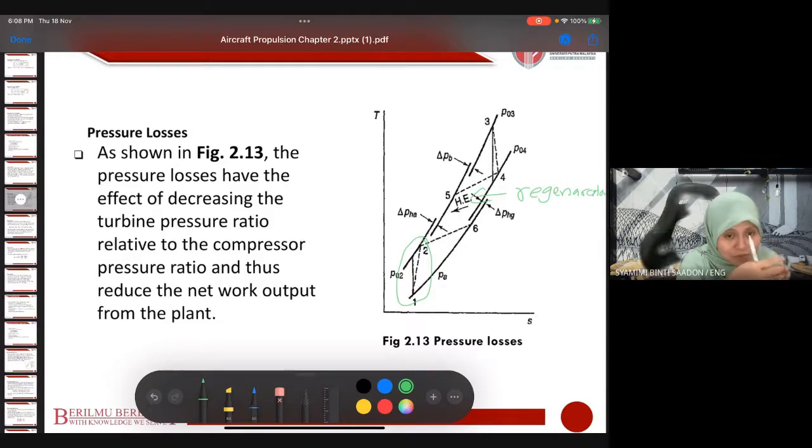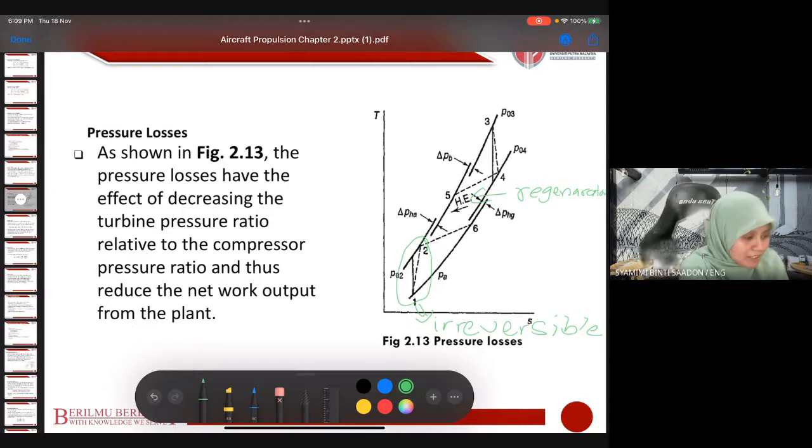The process is isentropic, we call it. It means there is no entropy loss. But in the real process, from 1 to 2, there is a slight difference in entropy. When there is a difference in entropy, it means the process is irreversible, so it's not ideal.